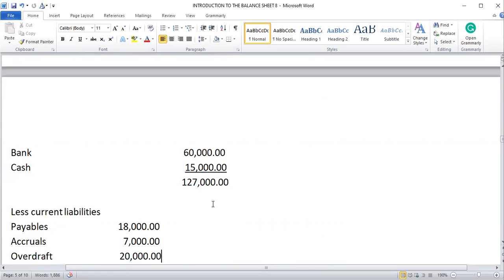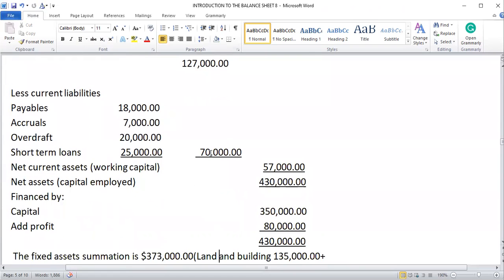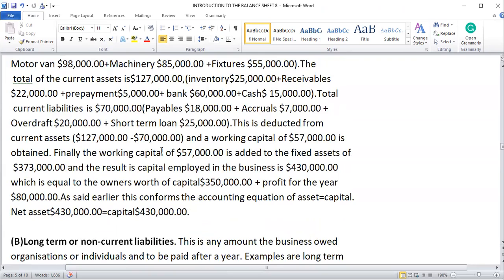Then we deduct the current liabilities of $70,000 to arrive at our working capital of $57,000. Finally, the working capital of $57,000 is added to the fixed assets of $373,000, and the result is the capital employed of the business, $430,000.